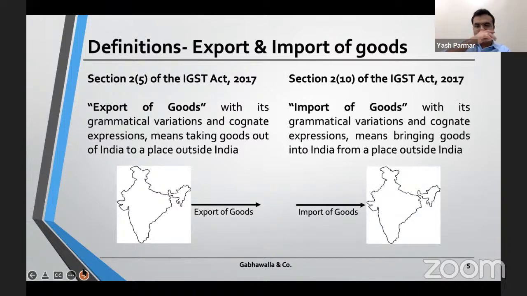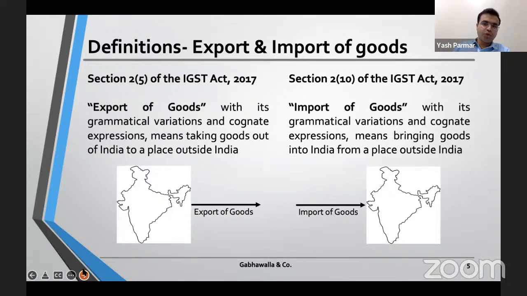Then we have import of goods. The term import of goods is also defined in the IGST Act. Section 2, subsection 10 of the IGST Act defines import of goods, with its grammatical variations and cognate expressions, as bringing goods into India from a place outside India. This is also a simple definition. Goods should come into India from a place outside India.